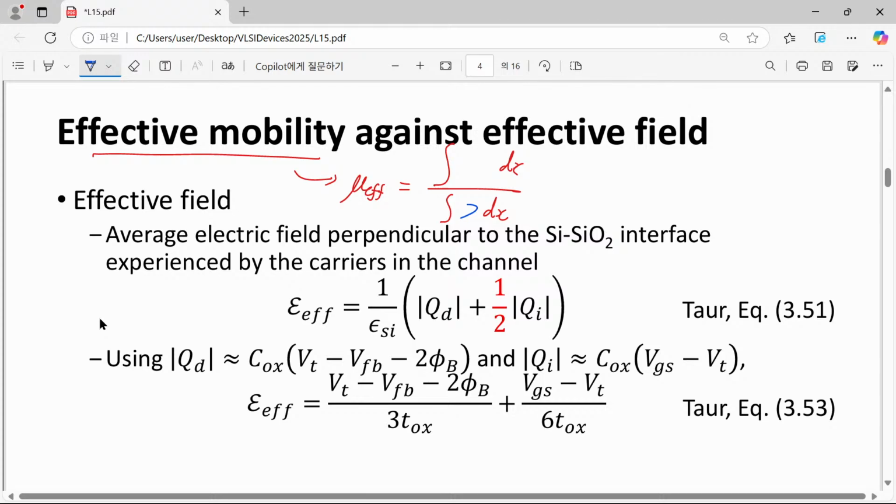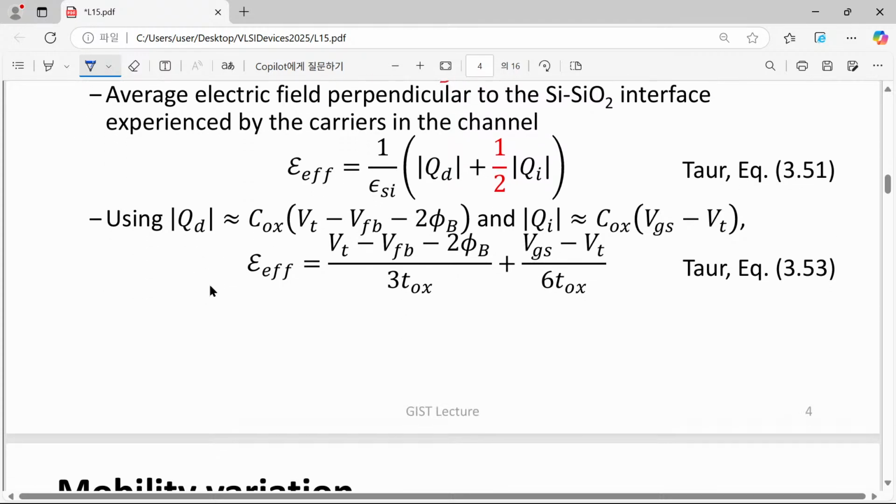So anyway, after that, they measured effective mobility. And effective mobility can be measured as a function of gate voltage. The general trend is that if we apply higher gate bias, there is a tendency to have lower mobility.